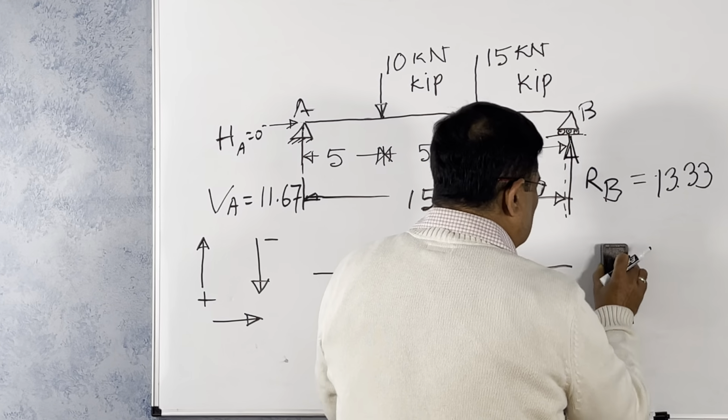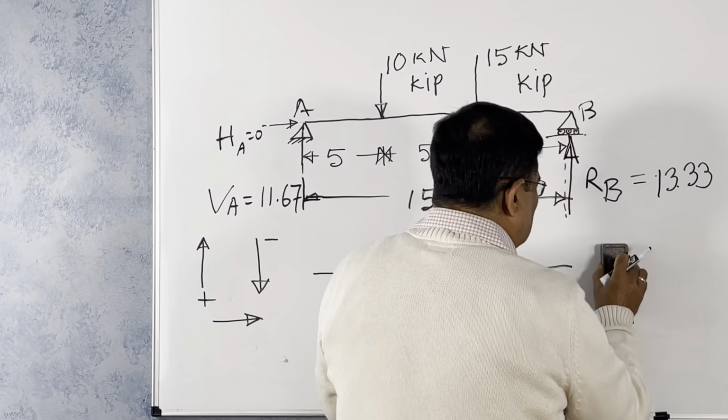It goes constant, nothing there. Up here the 10 adds up, going up, so it is 11.67 from here to here, straight coming here. Upward is negative, so this upward force is negative, this is coming down. So this is your shear force diagram.